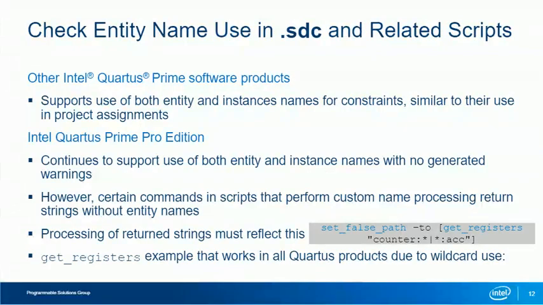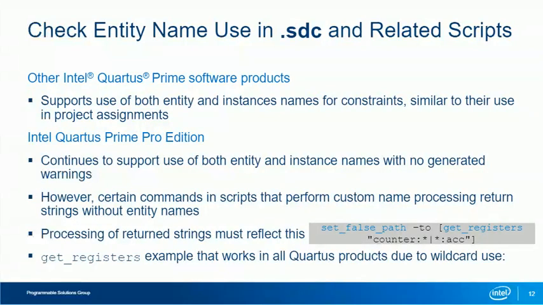Along with QSF assignments, timing constraints stored in SDC files may require adjustments as well. In Intel Quartus Prime software products other than the Pro Edition, timing constraints support the use of both the entity and instance names as the name of a target, similar to the use in a QSF file. Unlike with the QSF file, there are no issues and no warnings generated by the tool if entity and instance names are used in an SDC file for a Pro Edition project.